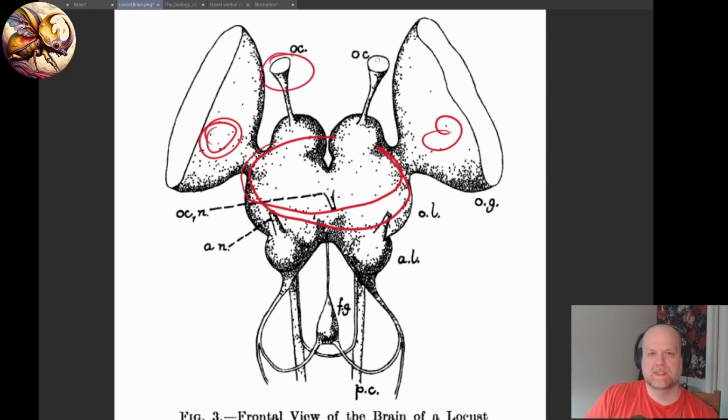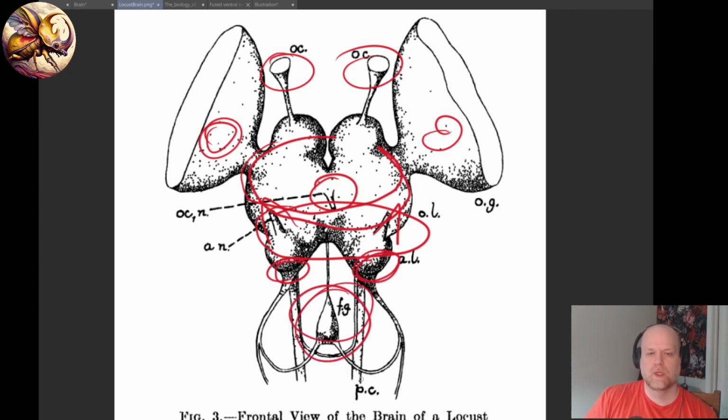And then you have the ocellular nerves here. Below that would be the deuterocerebrum. These things coming off here are for the antennae. And the tritocerebrum is very, very small. And then you have a large frontal ganglion to control the digestive tract. The subesophageal ganglia would be down here, but it's not in the drawing.